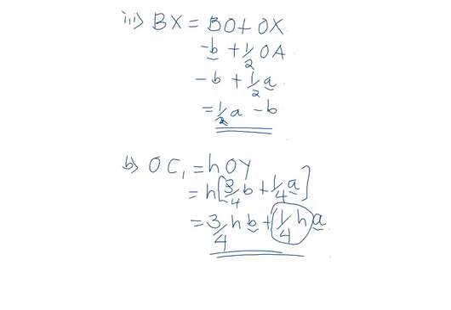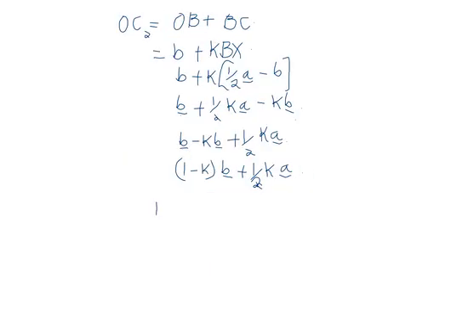So the first coefficient of A is a quarter h. So 1 over 4 h should be equal to 1 over 2k, and that is our equation number 1.